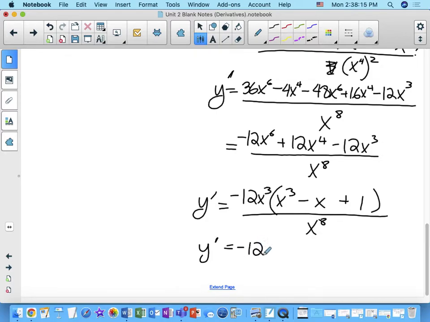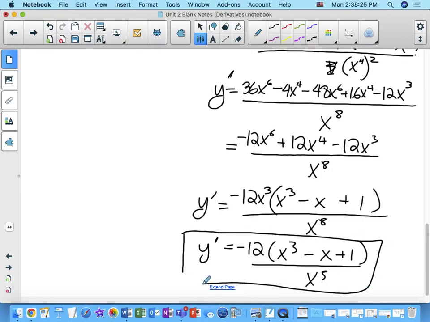Negative 12 times x cubed minus x plus 1 over x to the 5. Is that the same thing we got before? I'm crossing my fingers. Yes? Okay, good.